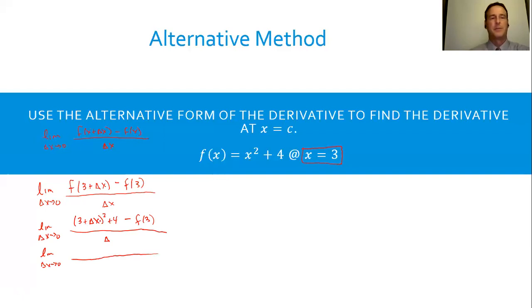And this means multiply. So 3 plus delta x, in parentheses squared, plus 4, minus an f of 3. Let's see, f of 3, if I did this up here, is 3 squared plus 4, which is 9 plus 4, which is 13.